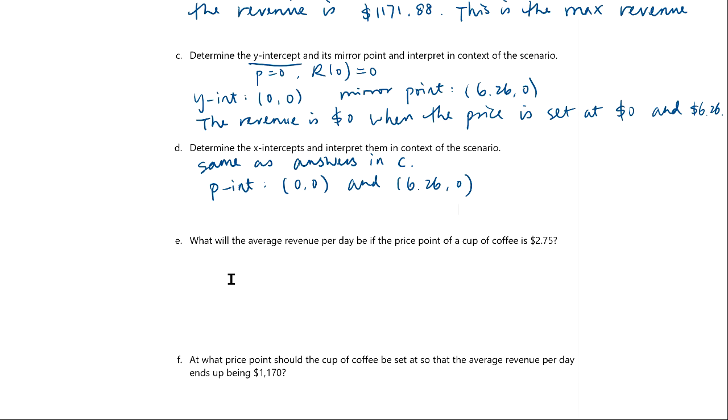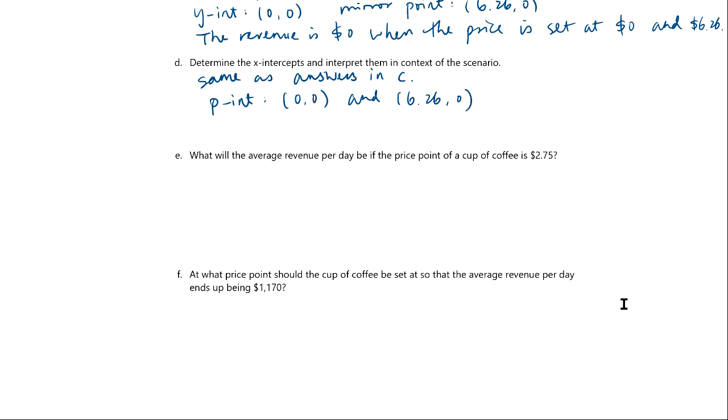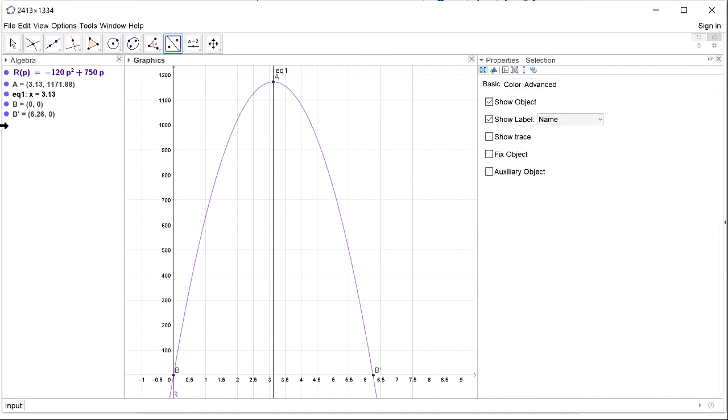For example, what will be the average revenue per day if the price point of a cup of coffee is $2.75? So in this scenario, we would know that P is equal to 2.75, meaning our independent variable is 2.75. Going back to the function graph, I'm going to again hide a bunch of information because we don't need them anymore, and I want the price to be 2.75.